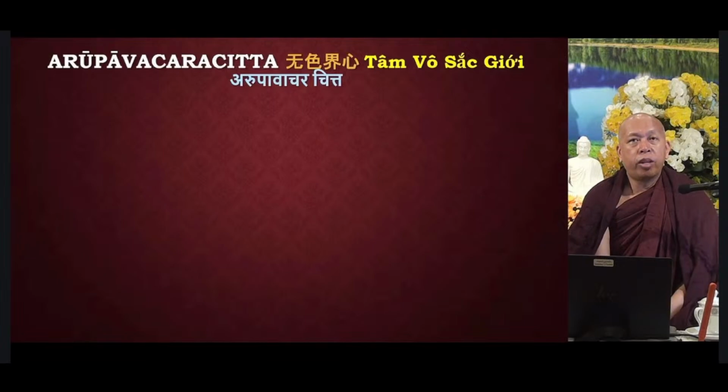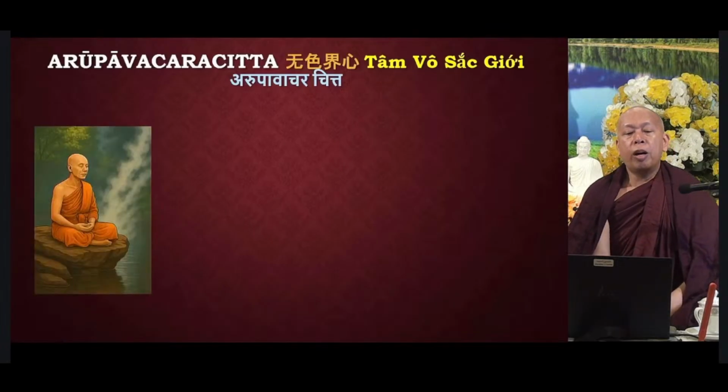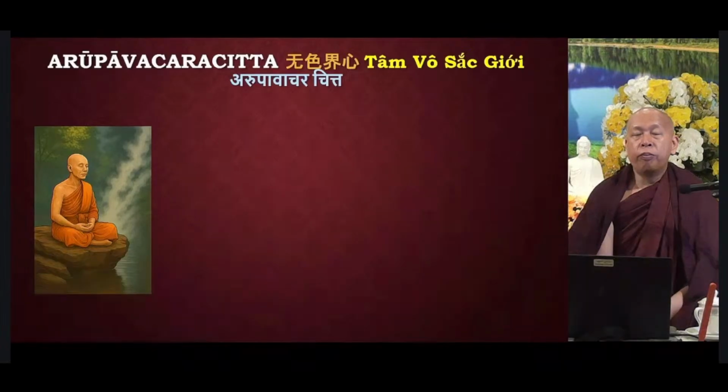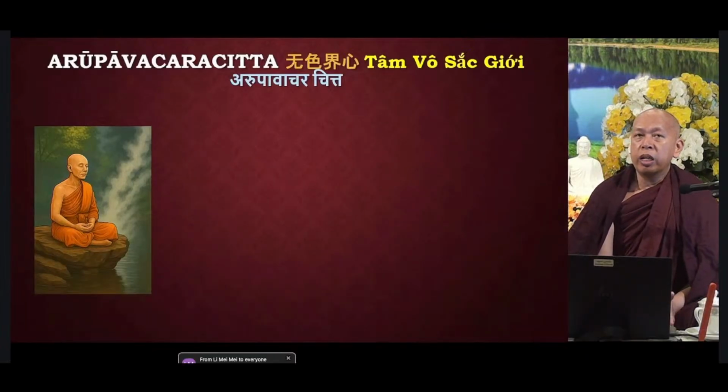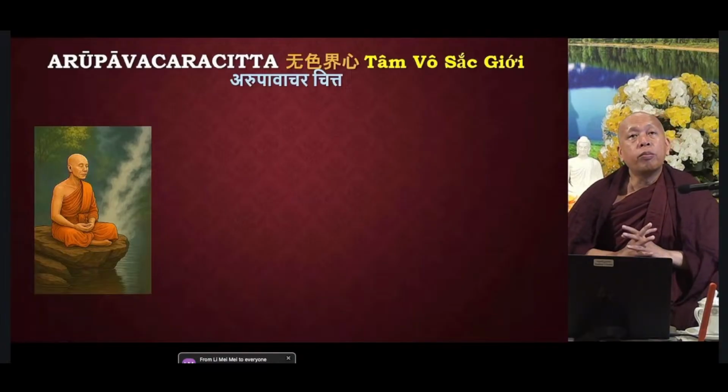Okay, now we will talk about Arupavacara citta, immaterial sphere consciousness. So here, when we talk about immaterial sphere consciousness, we also have to introduce a few things. Immaterial jhanas are not for beginners.